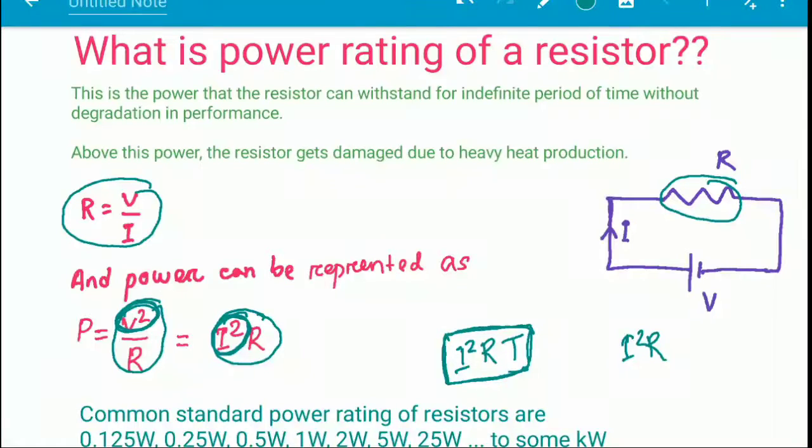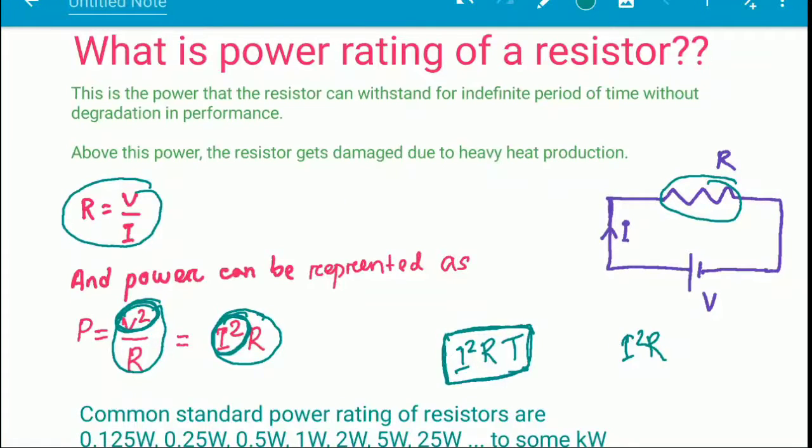So the user who is going to use that resistor knows in which voltage or current it is going to be operated, but the maker of that resistor does not know at which voltage or with what current, that is the load, the resistor is going to be operated by the user.